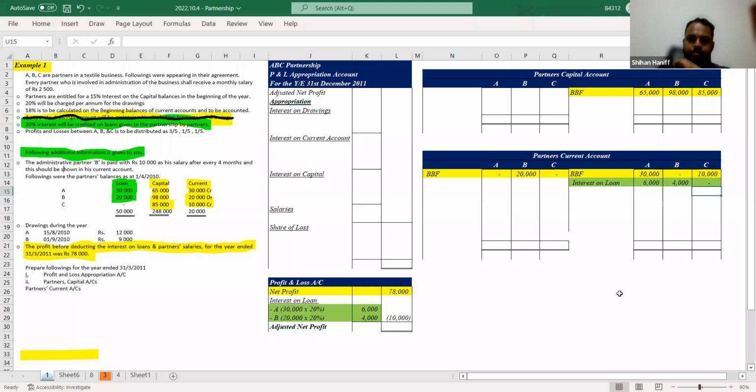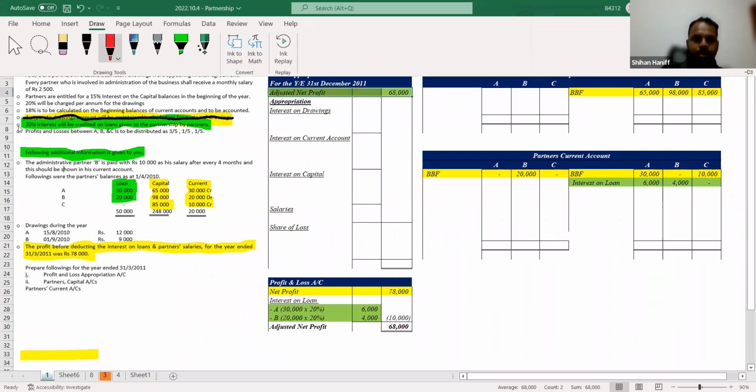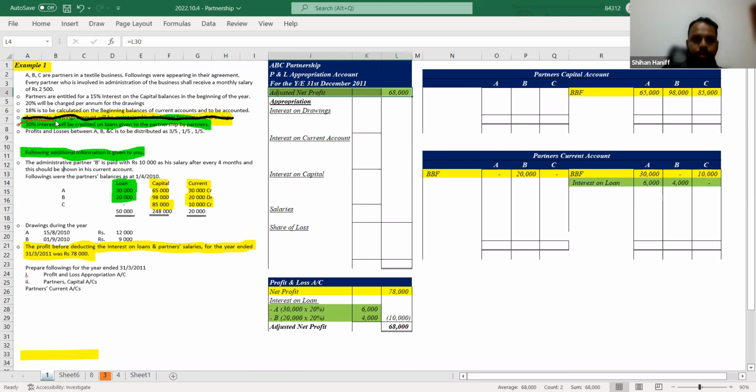Then we can get the adjusted net profit. 68,000, that comes here. 68,000 is the net profit after paying the interest on loan. 20% interest means it's given here in the question.